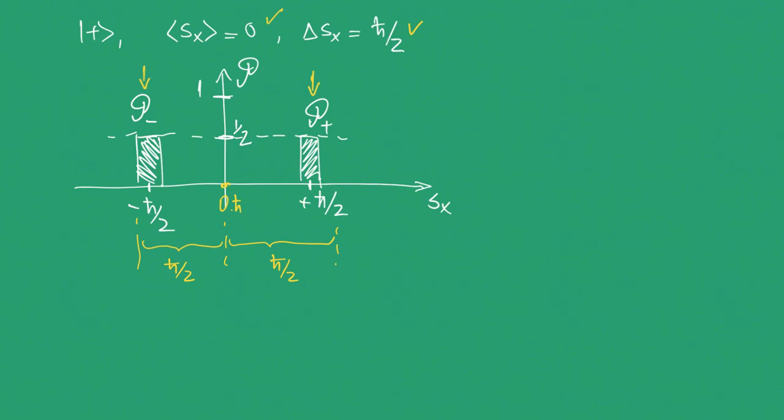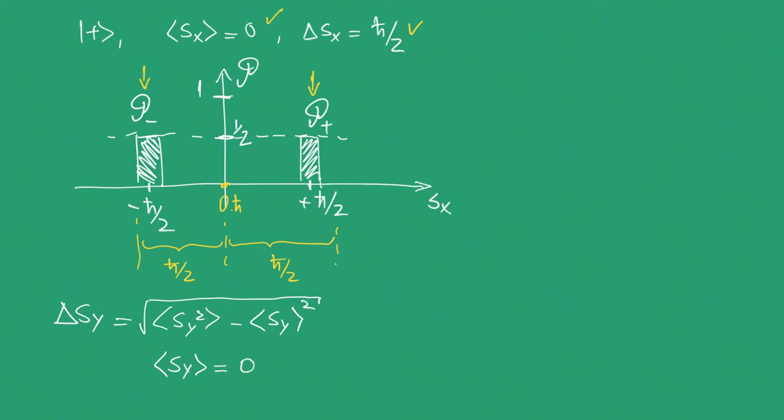Finally, for the operator Sy, the uncertainty will be calculated as we did before, and the expression for the uncertainty is given by this one. So we already know from the previous result that the expectation value of the operator Sy, taking into account the quantum state ket plus, is 0.